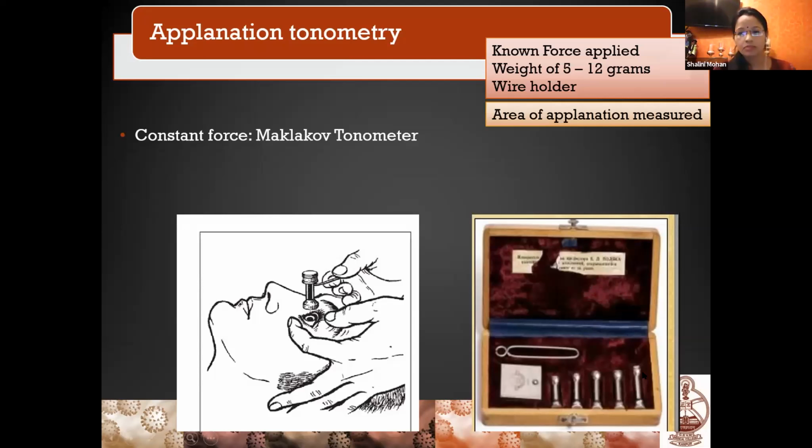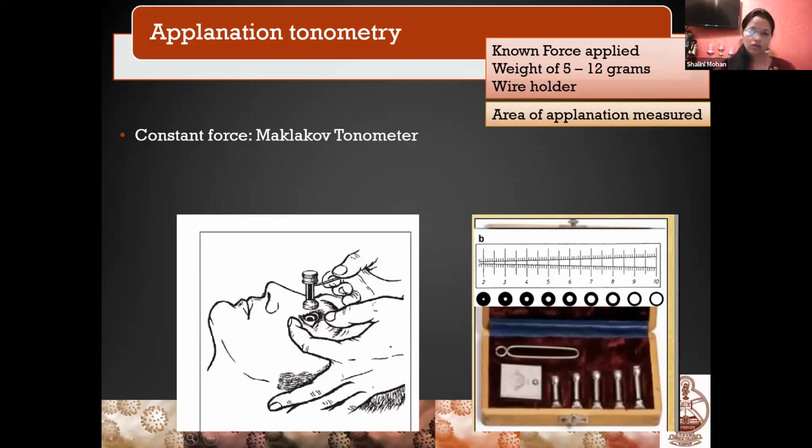Here you can see there are multiple weights. These weights are held in this wire holder, and then it is pressed onto the surface of cornea. So force is constant, right? Now applanation varies. So what we do, we measure the circle of applanation. Here you can see the circles of applanation, and then they are correlated with this chart, and subsequently the reading of intraocular pressure is given. So this is the constant force Maklakov tonometer.